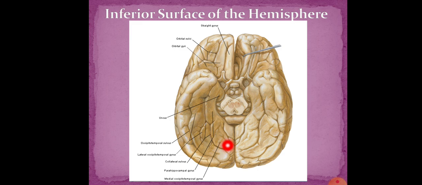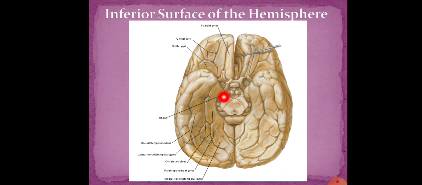is the occipital lobe. So the name of this gyrus, which extends from the occipital to temporal lobe, is the medial occipitotemporal gyrus, and here anteriorly it changes its name to the parahippocampal gyrus and more anteriorly is known as the uncus.